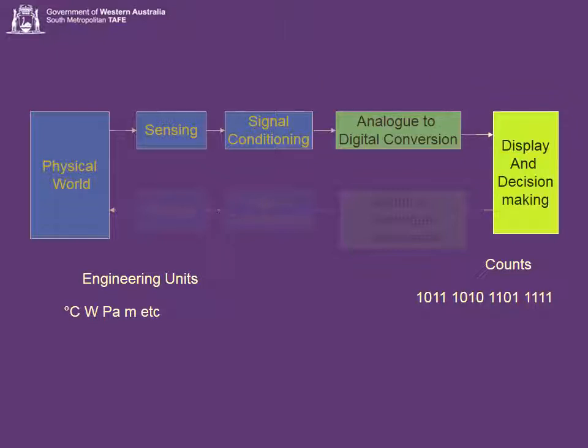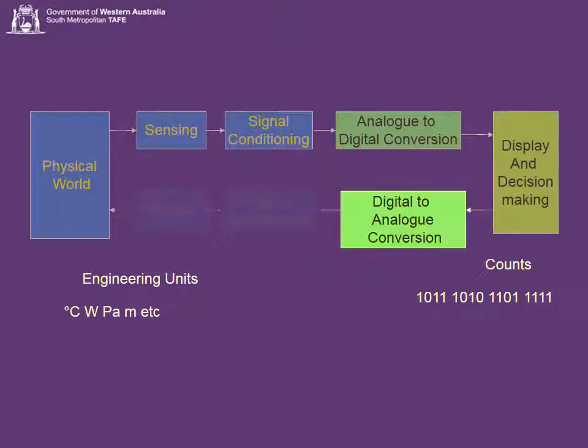Based on that converted signal, the controller makes some sort of decision. It's a controller after all, so it needs to control. And then it needs to output the result of that decision. But that result is still digital. We need to convert it into analog so that it can go out to the real world. To convert it into analog, we use a digital to analog converter, a DAC.